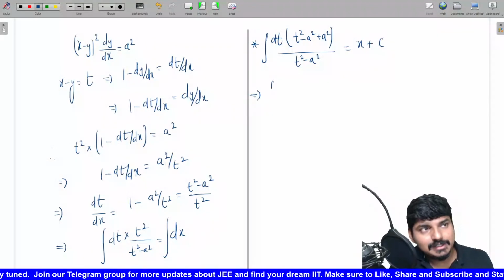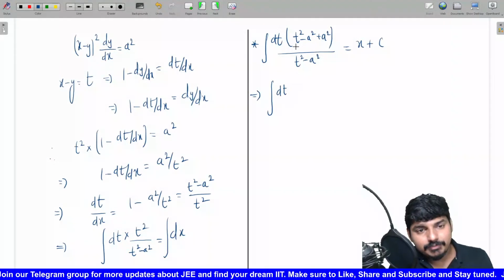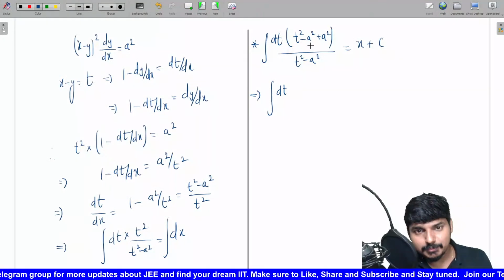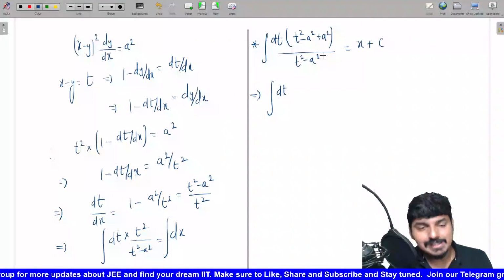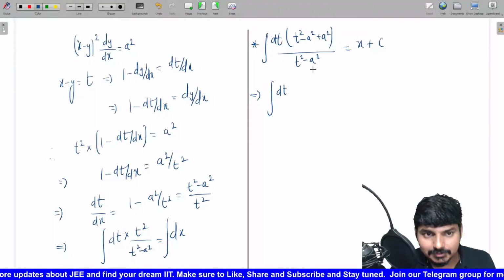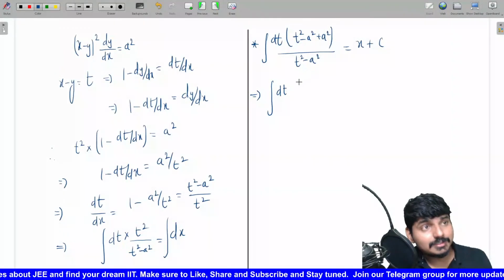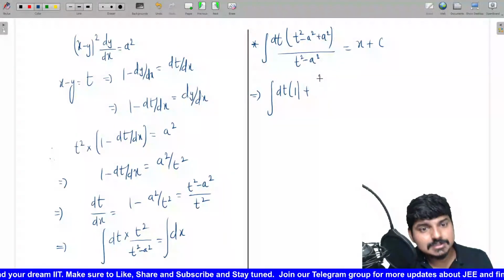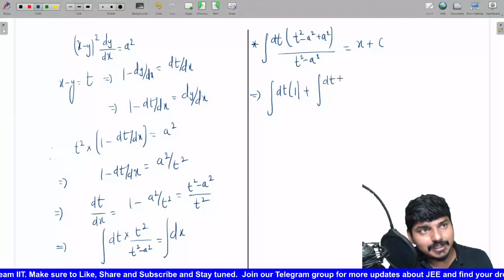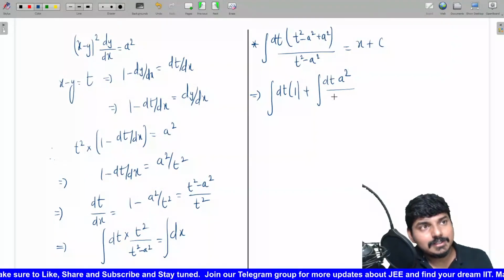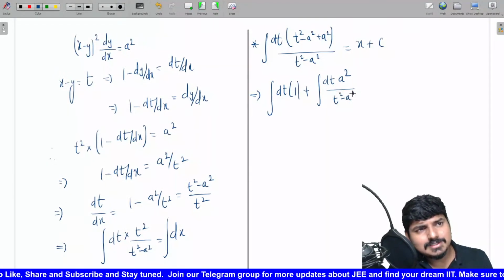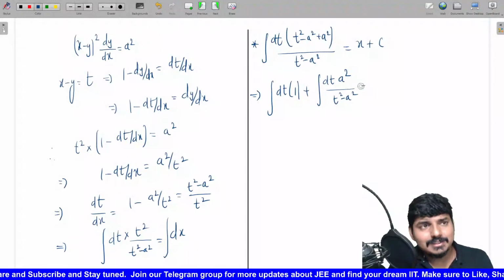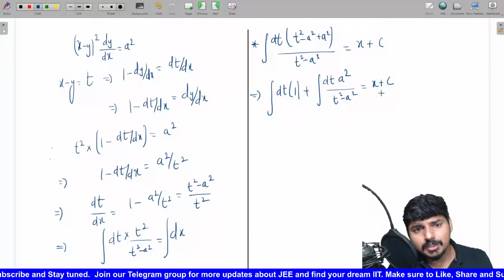From here, integration dt into, if you take t square minus a square separately, a square separately, along with the denominator, what are you going to get? dt into 1, plus integration dt into a square by t square minus a square. This is what you are going to get, and this is equal to x plus c.